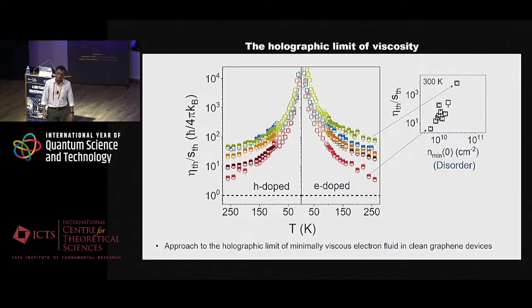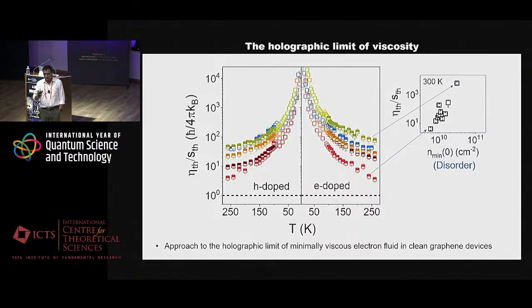But precisely, you don't know right now why you have 4 times the KSS bound. I don't know why that limit is coming because, first, graphene is strongly interacting, and the viscosity over S will approach 1 in an infinitely interacting system.